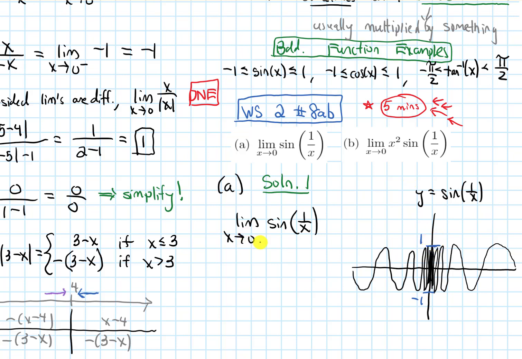So the limit as x approaches 0 of this does not exist, because this approaches every number between negative 1 and positive 1. It is not just approaching a single finite number. So the limit does not exist.